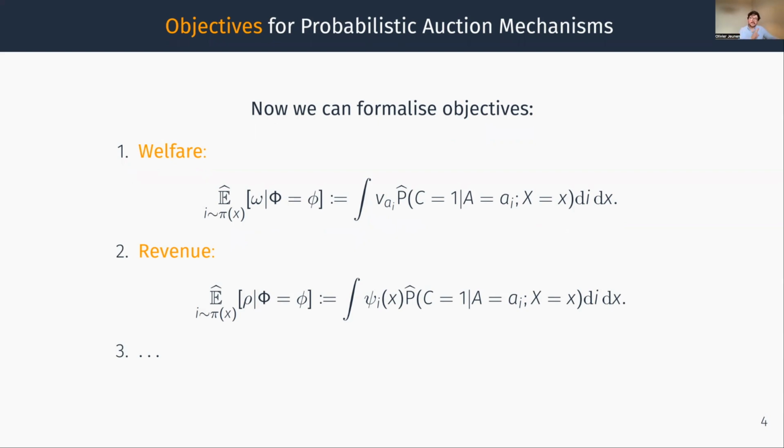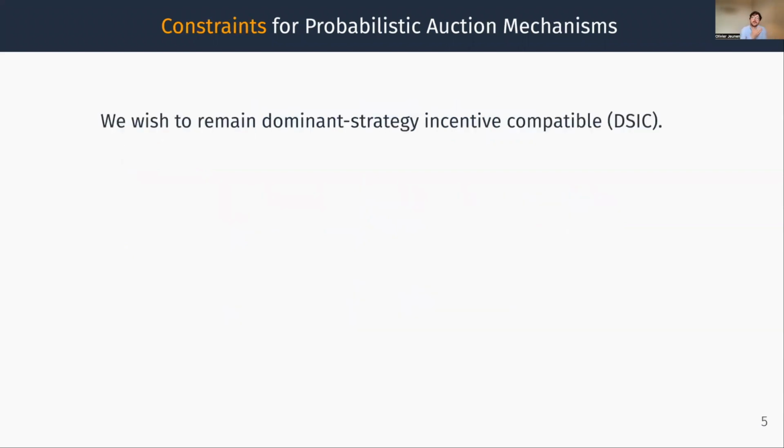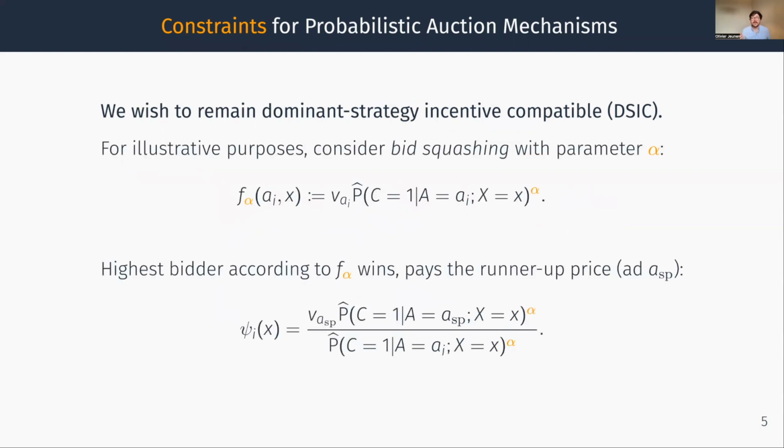Besides these objectives, we've also mentioned that there are some constraints. And so we will typically want to focus on incentive-compatible auctions. There's much more detail in the paper about this, but for illustrative purposes, we will adopt a bid squashing example here. We're going to introduce a certain parameter alpha as an exponent to the estimated outcome probability.